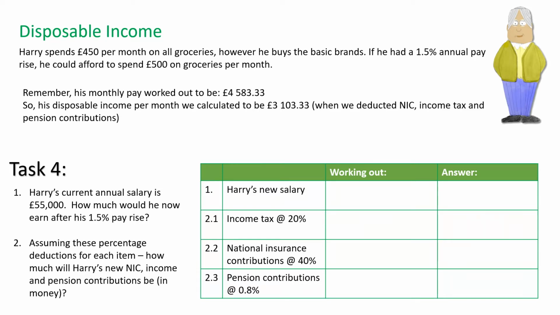We'll round that down, so he's actually paying 0.8% of his salary towards his pension. And now you need to calculate the new 0.8% contribution from his new salary, of how much is he now going to be paying towards his own personal pension.